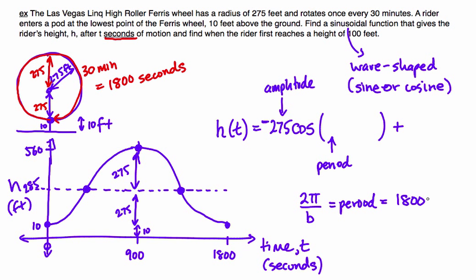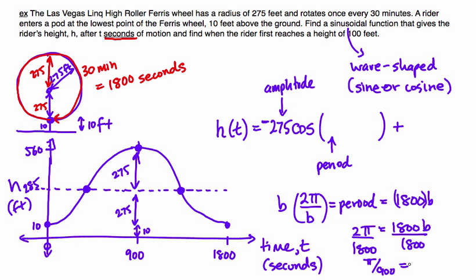So therefore b, so a little bit of algebraic manipulation. Multiply this side by b, multiply this one by b, and I get 2 pi is 1,800b, divide by 1,800, reduce 2 and 1,800, and I get pi over 900 is my b value. So this is going to be pi over 900.